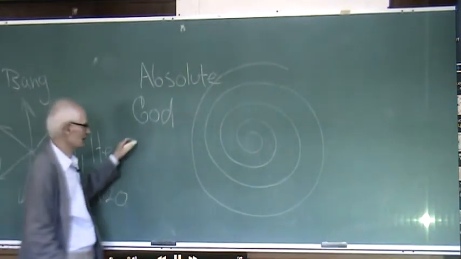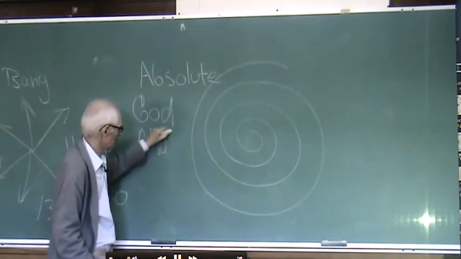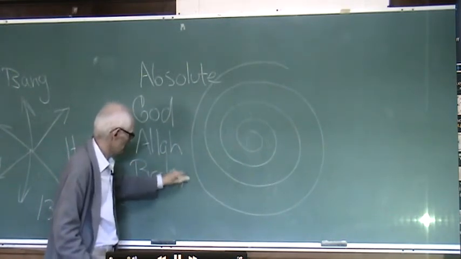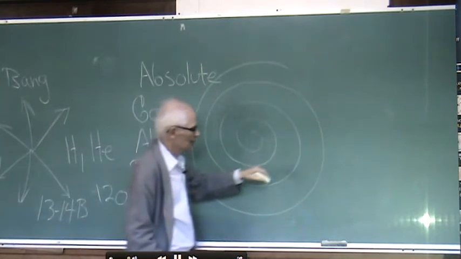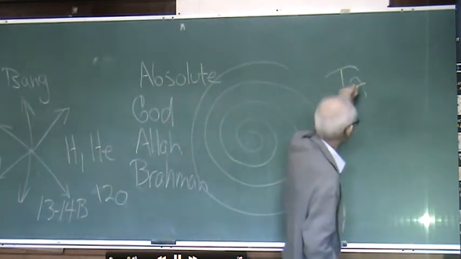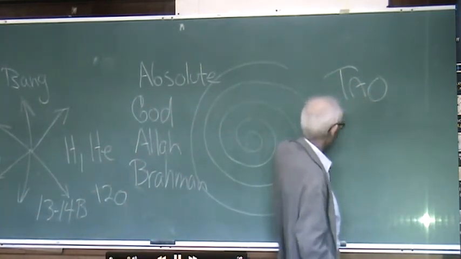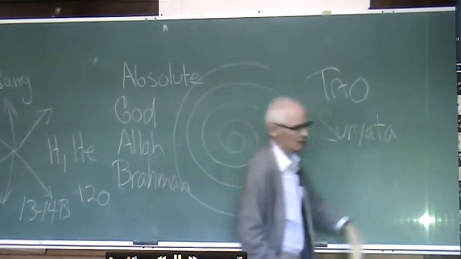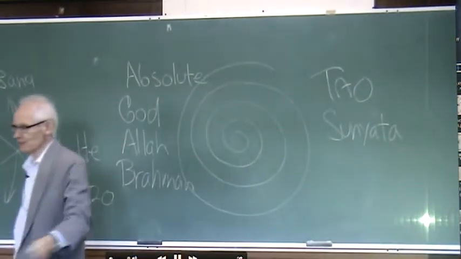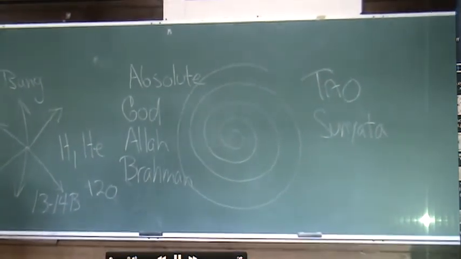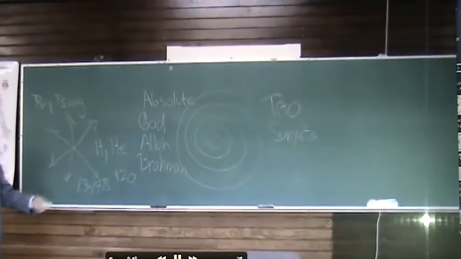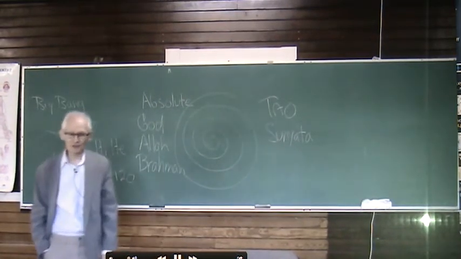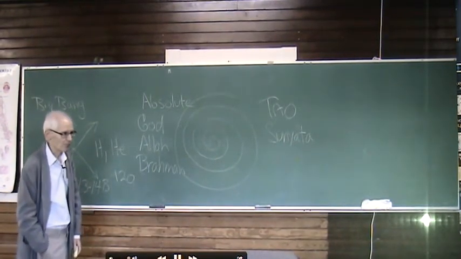In the Middle East, Allah. In India, Brahman. In China, the Tao. In Buddhism, Sunyata. Anyway, there are many, many names and concepts for this ultimate, unnameable, mysterious source of being.